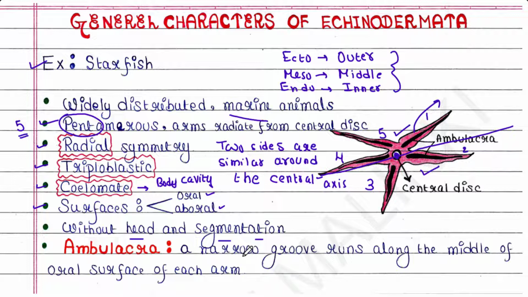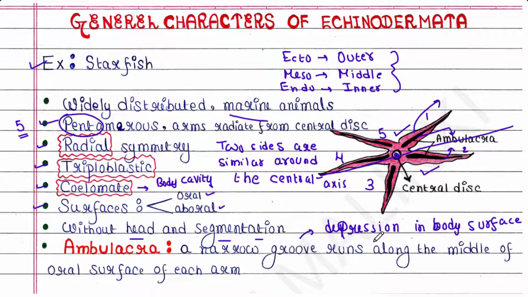Ambulacra is present in their body. So ambulacra is a narrow groove. You can see here these black color rod-like structures are ambulacra. So groove means it is the depression in the body surface.